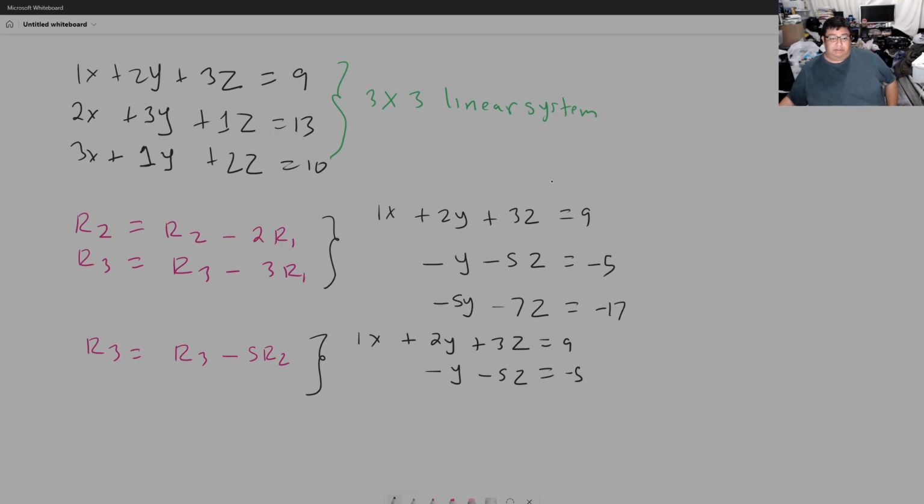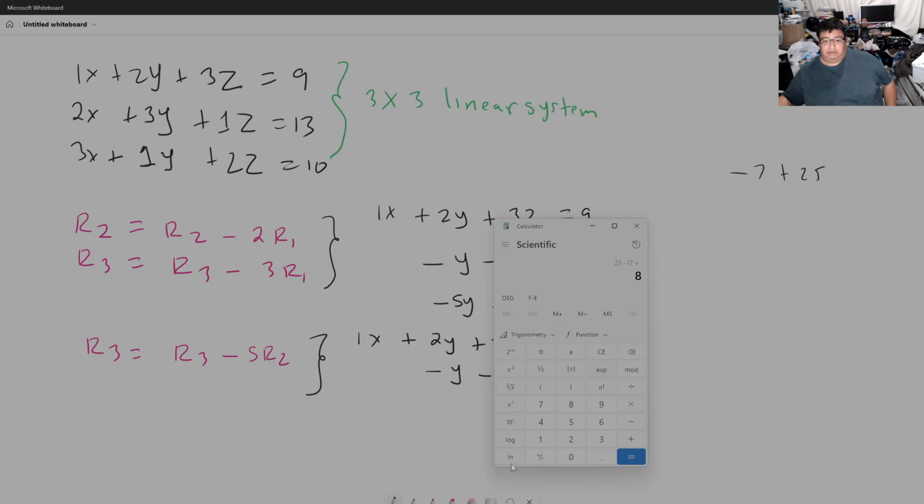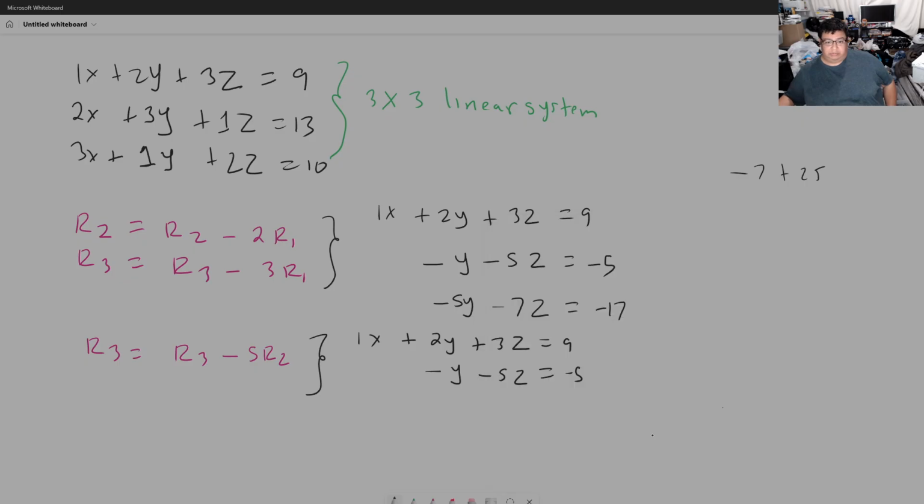Okay, now negative 5 plus 5, that's 0. And then we'll do negative 7 plus 25, let's do it on the calculator, negative 7 plus 25 is equal to 18z.